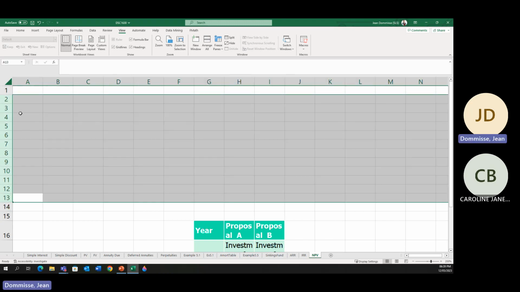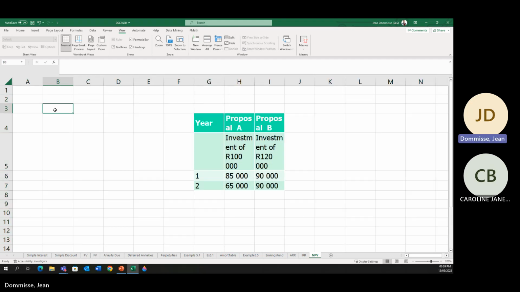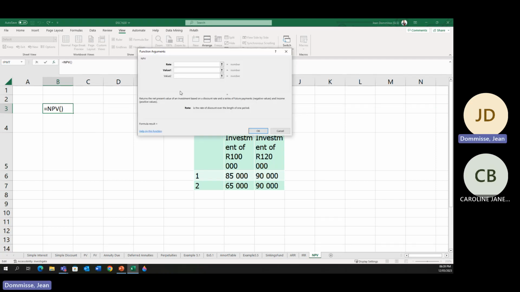The assumption would also be that you need to put in an array of data. Okay, so they actually give you the rate, which is the rate of discount.